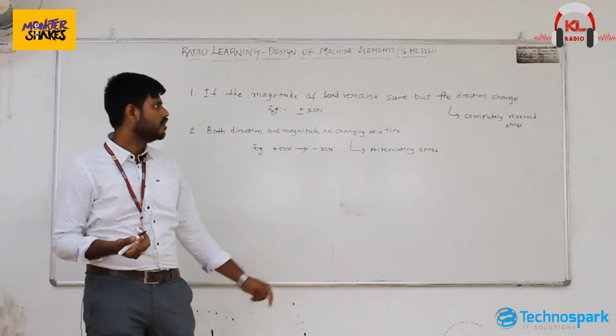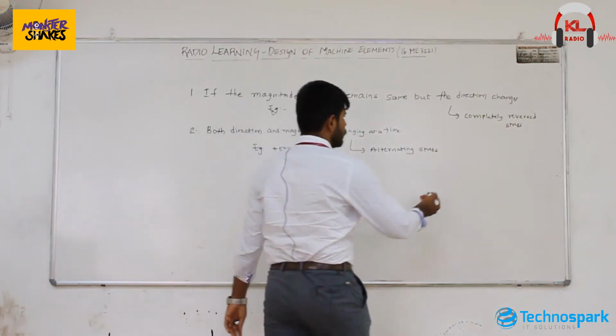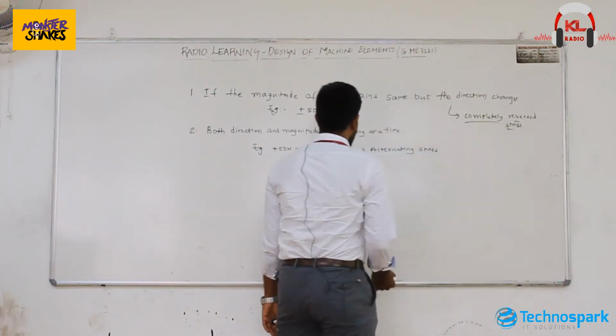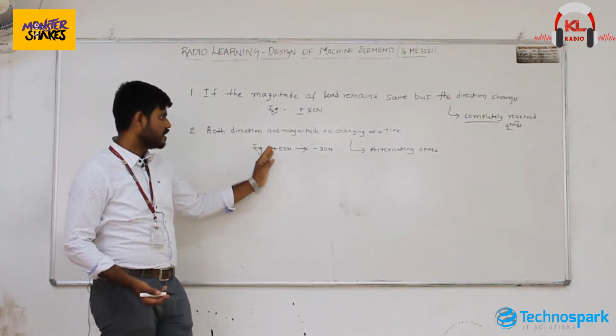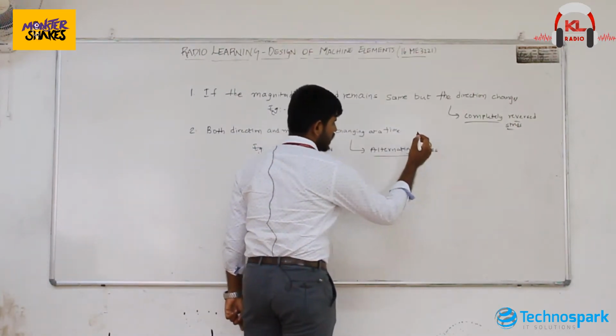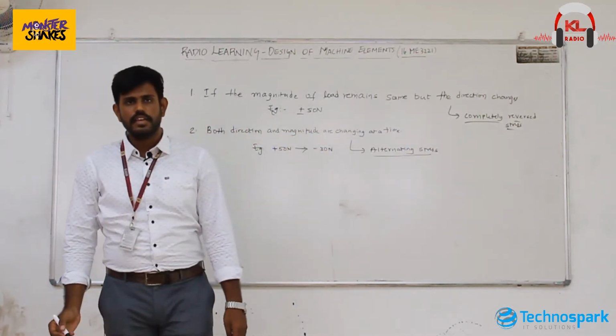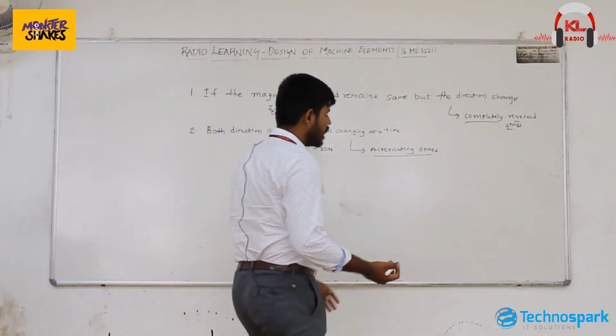So if he gives you the load with the same magnitude but change in direction, you have to go for the analysis of completely reversed stress. And if he gives you a change of both direction and magnitude, then you have to go for analysis using alternating stresses. Now we will be discussing the analysis using completely reversed stress.